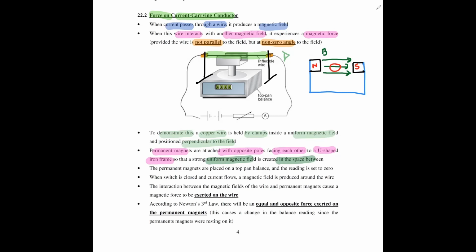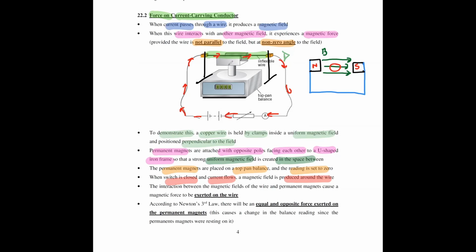The permanent magnets are placed on the top pan balance and the reading is set to 0. Then you close the switch and let current flow so that a magnetic field is produced around the wire. So right now you close the switch, current will flow through your circuit in this manner.